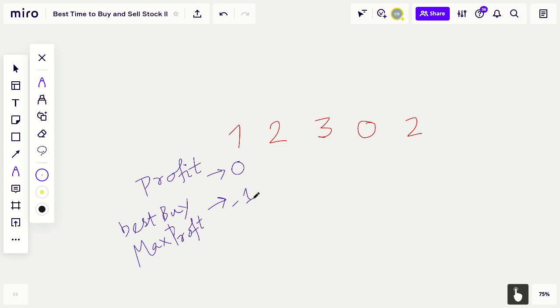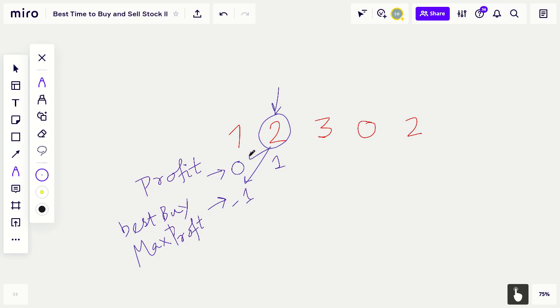As we were doing before, add 2 with minus 1, it will give you 1, so move 1 over here. But when you are trying to buy, you know that what you have to do is subtract this value from the previous profit.